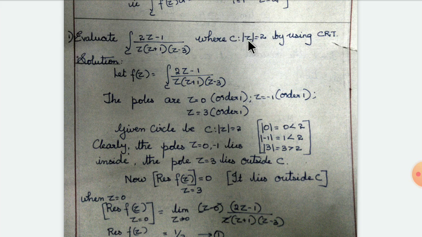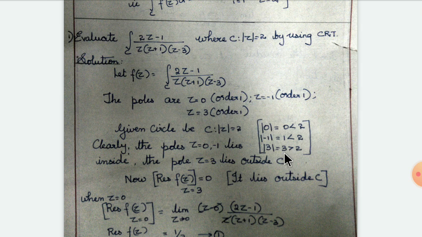Now let us substitute z equal to the points one by one. First point is 0, so 0 is less than 2, so it lies inside. Substitute minus 1, mod minus 1 is plus 1, it is also less than the radius 2, so it lies inside. The third point is 3, mod 3 is 3, it is greater than 2, so this lies outside.